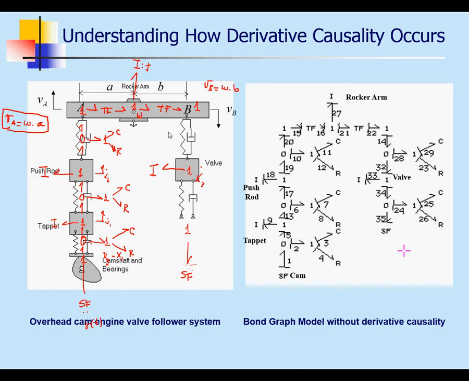And then in here between these two, we have the same situation where you have the velocity here, and then this would be a 1, and then you have a C and an R element. And in here you have a similar situation.